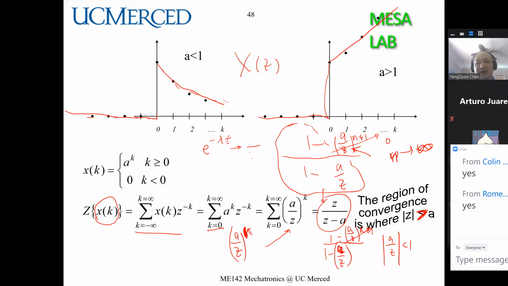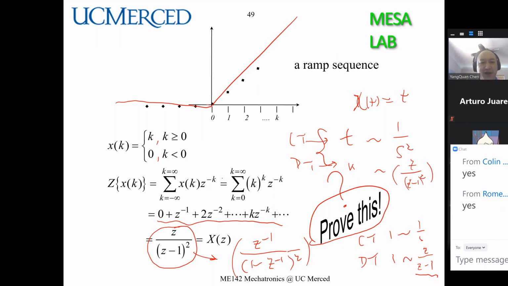This actually is 1 over s plus lambda. So this is a Laplace transformation pair. In other words, z minus a is somehow like a low pass filter.